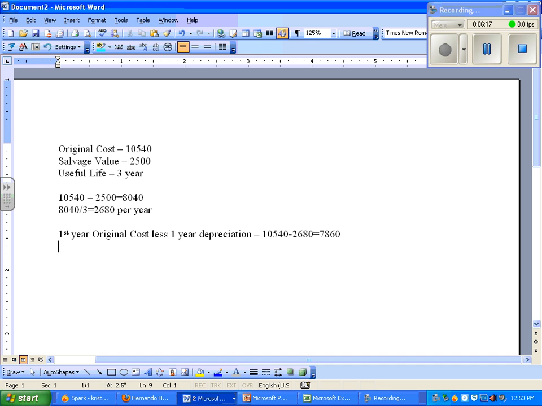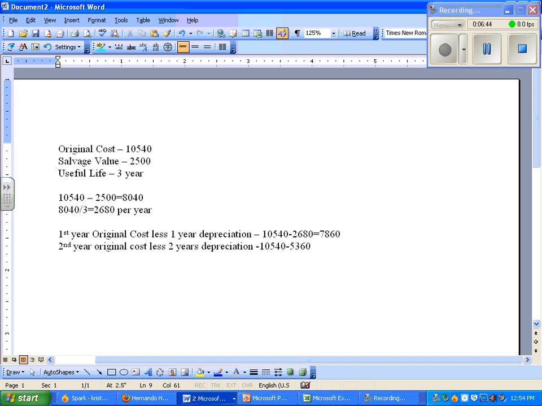So then the second year, we're going to say original cost less 2 years of depreciation. So that's 10,540 minus 2 years, so 2,680 times 2, 5,360.